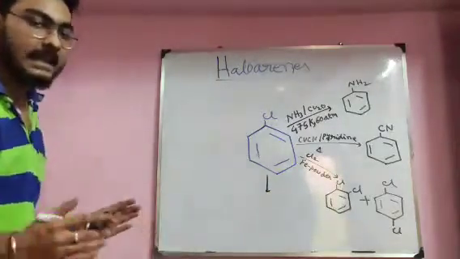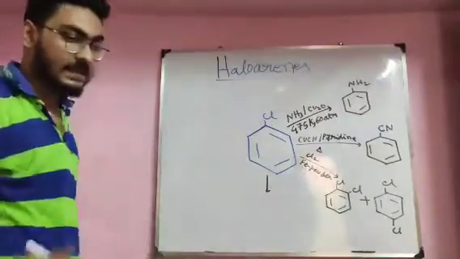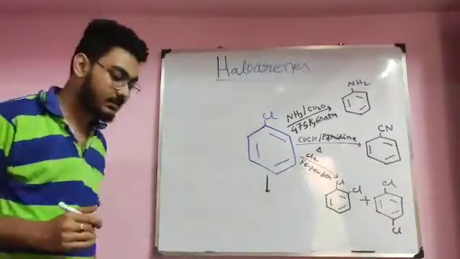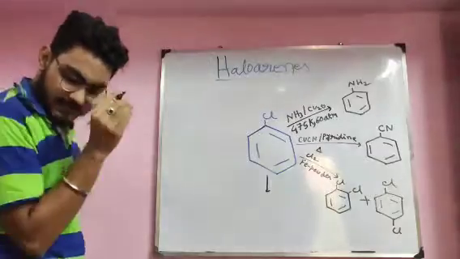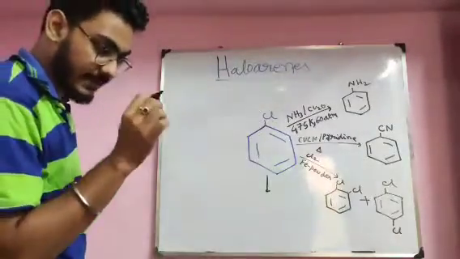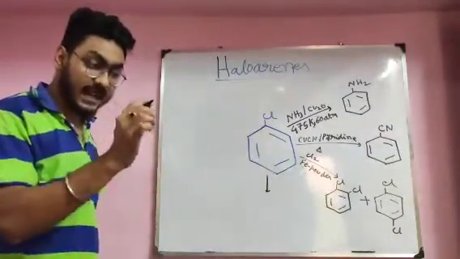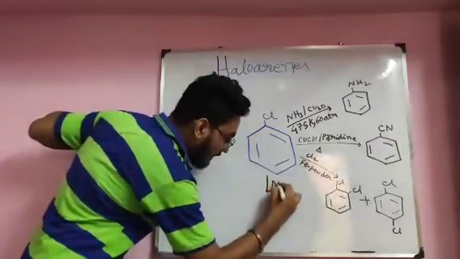The reagent used in nitration is mixed acid, that is concentrated H2SO4 and concentrated HNO3. We can write mixed acid.